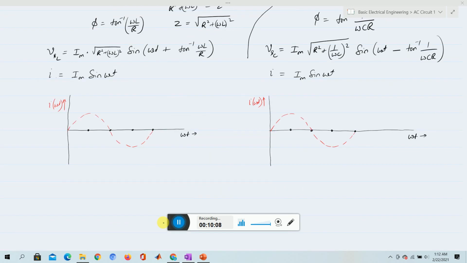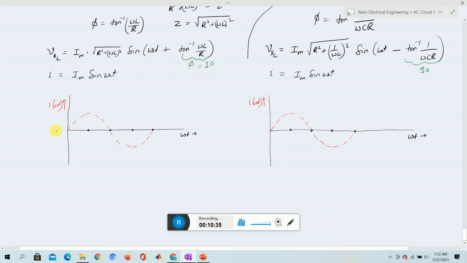So now we have the current waveform. Since we have taken the current as a reference here, we will draw the voltage now. So let us take this quantity as phi, and phi is some angle. Let us take this angle as 30 degrees. Here also let us take this angle as 30 degrees, so that we can have a common term. And here we get omega t plus 30.